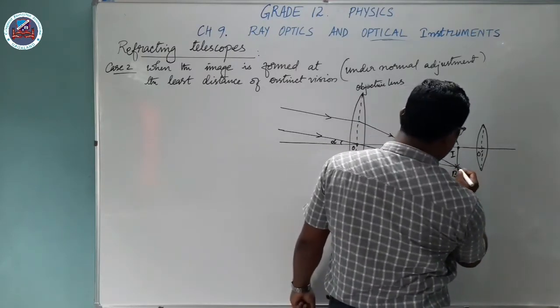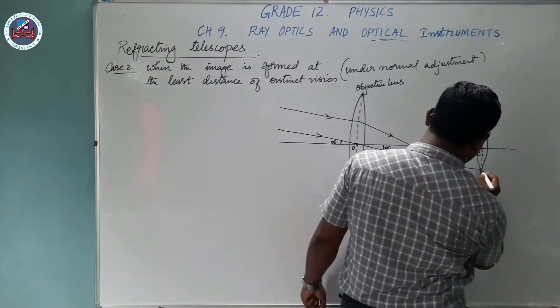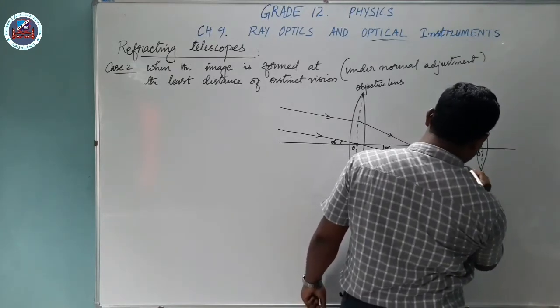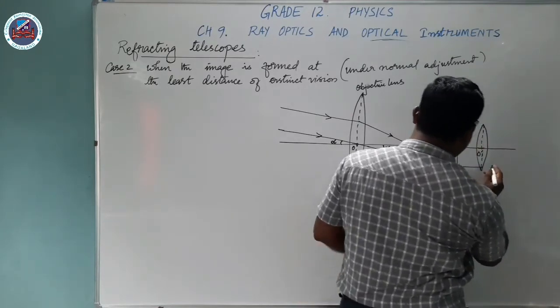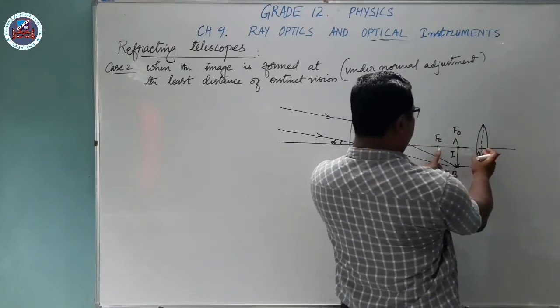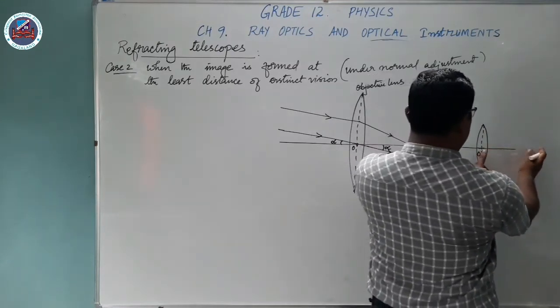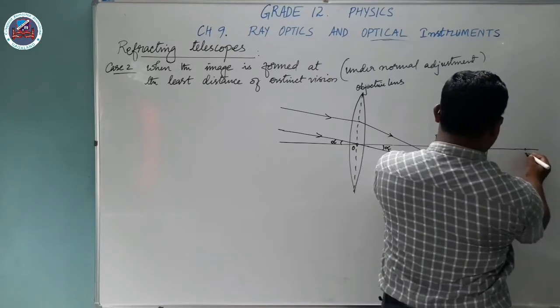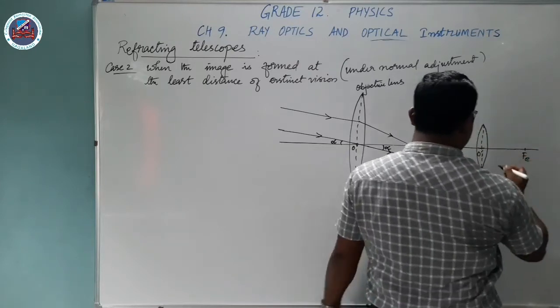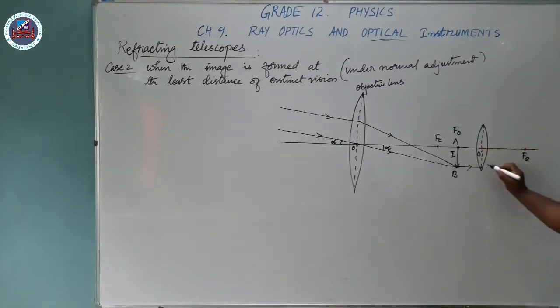Then you can start drawing the rays. A ray that goes parallel to the principal axis must pass through the focus. Mind this focal length, we'll take it almost at the same distance. I'm taking it here, FE. Then the ray which goes parallel to the principal axis must pass through the principal focus. And the second ray, if it passes through the optical center, just passes straight without deviation.